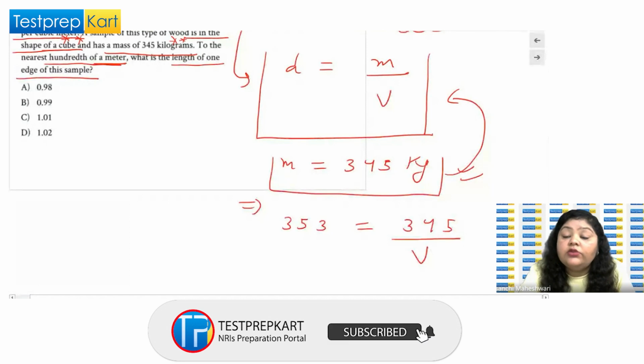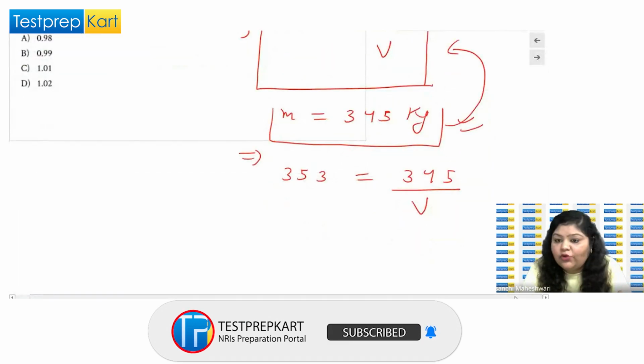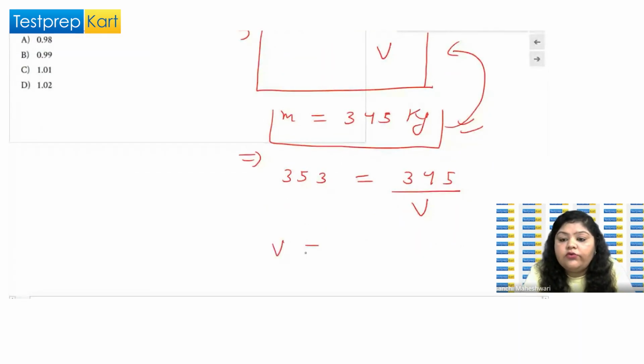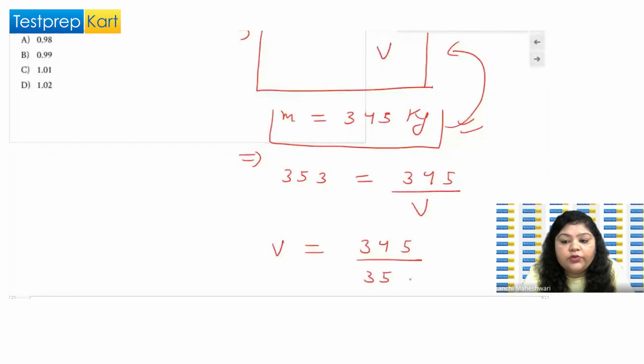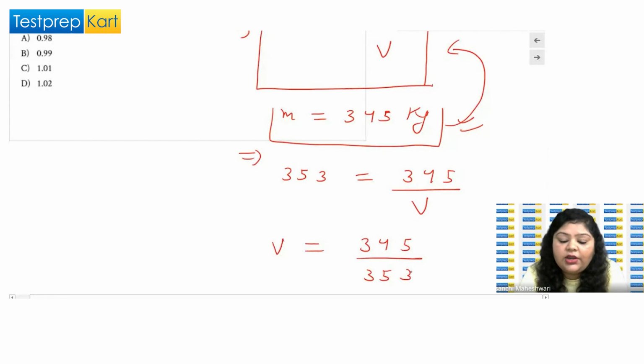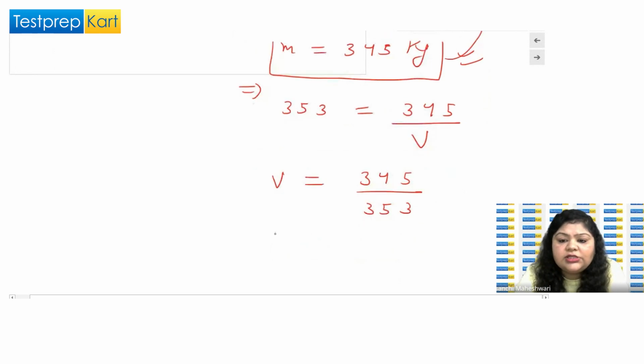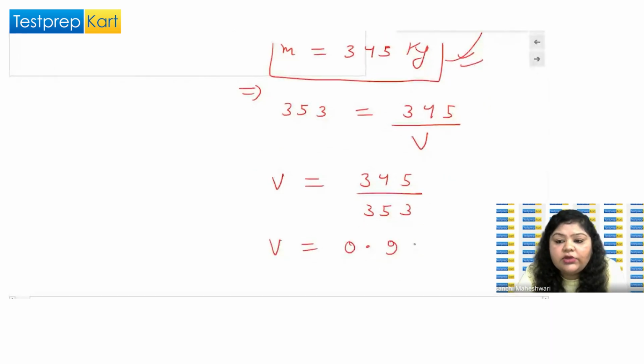This is the volume of the cube. So volume would be 345 divided by 353. Simplify that, and we are going to have, let's say, 0.977. So volume would be 0.9773, and so on.